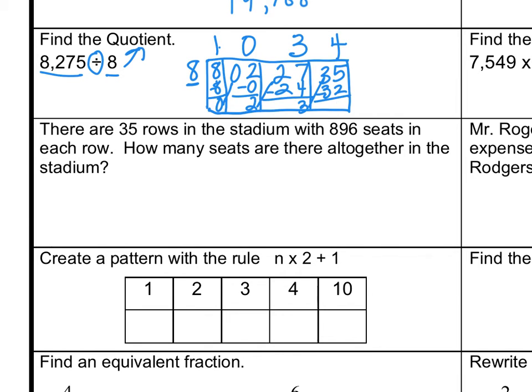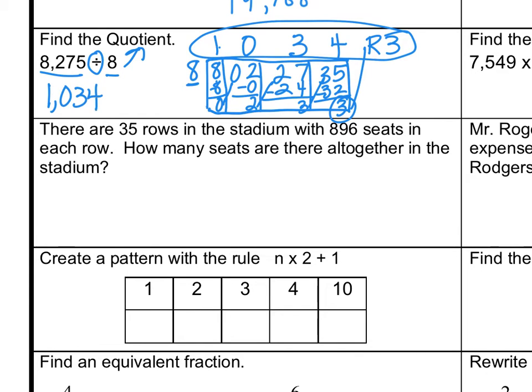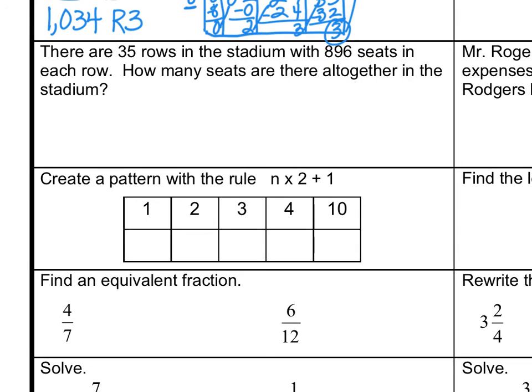And look, when we subtract, we've got leftovers right here. This is our remainder. It's what's remaining. That's why it's called a remainder. So we do R3. So final answer is right up here. I'm going to write it underneath now. 1,034, remainder of 3.